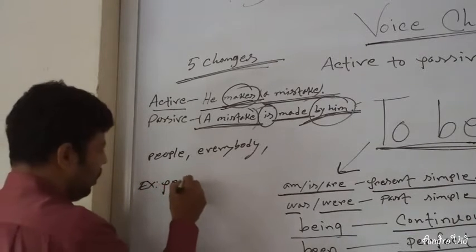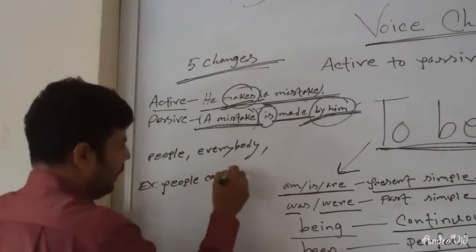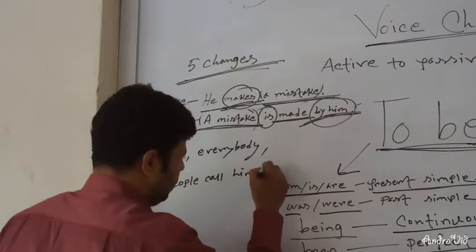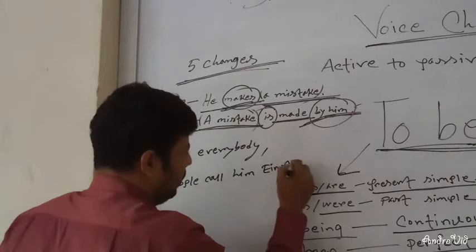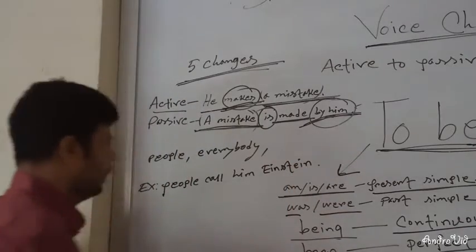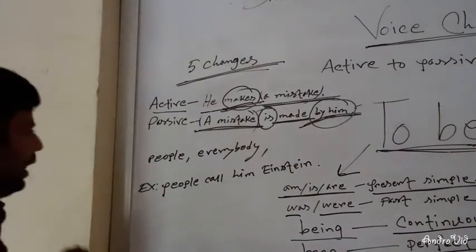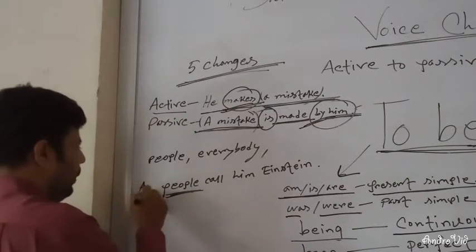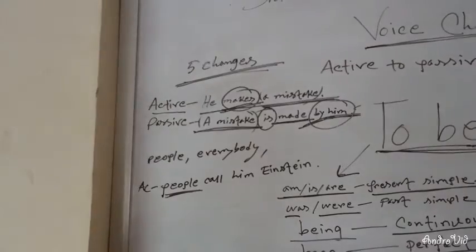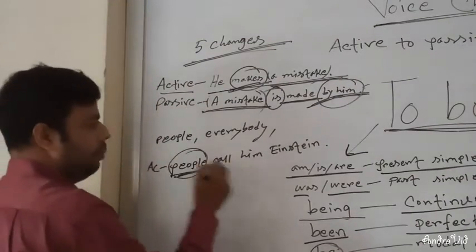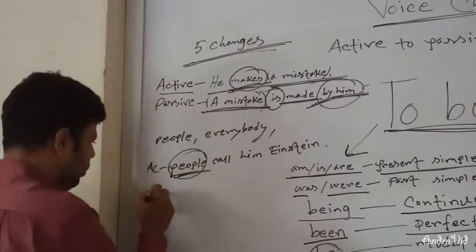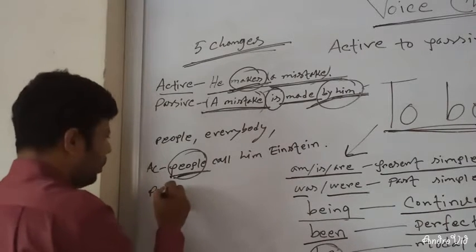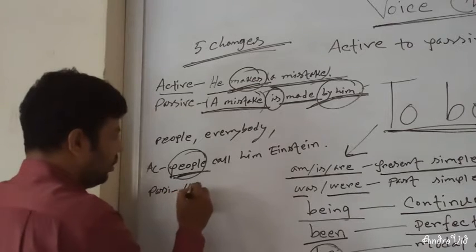People call him Einstein. So students, we have people as the subject in the active voice. So we can omit this subject in making passive voice. So the passive voice is: he.